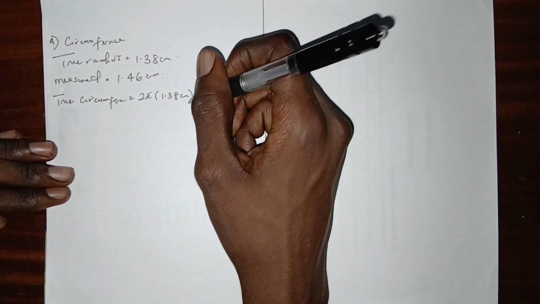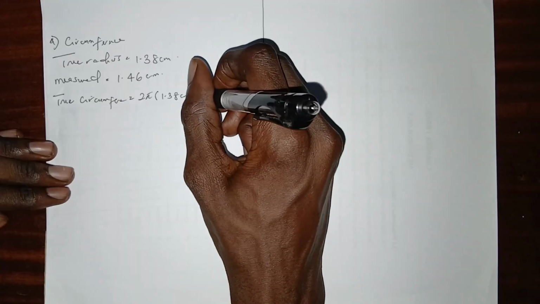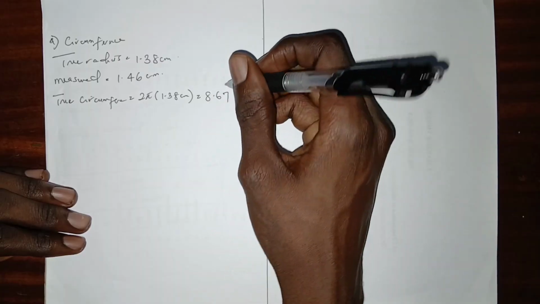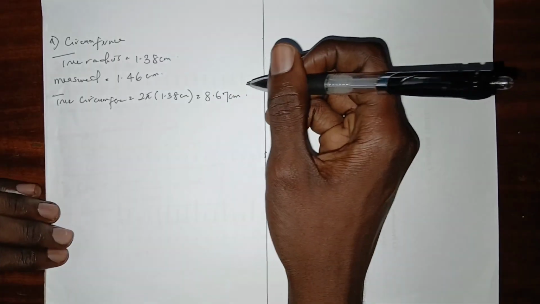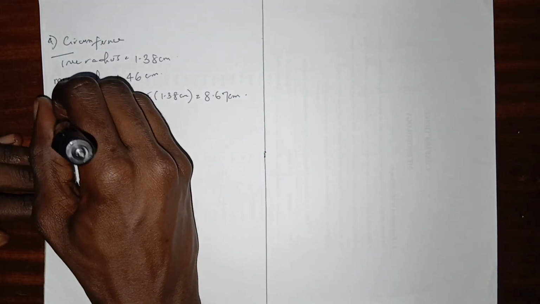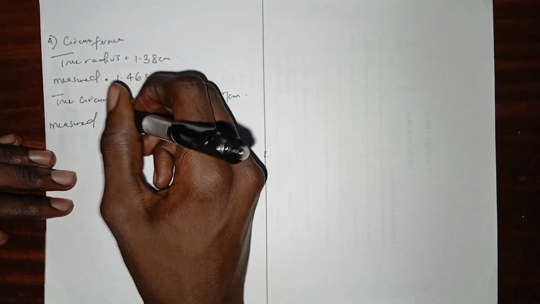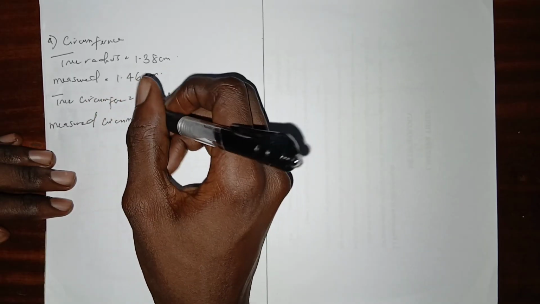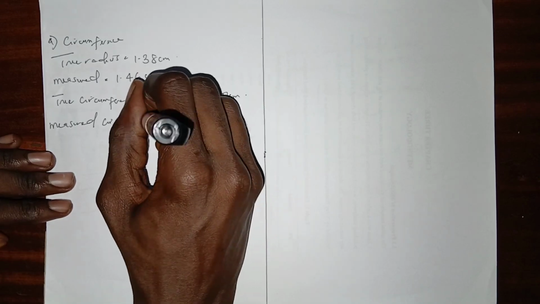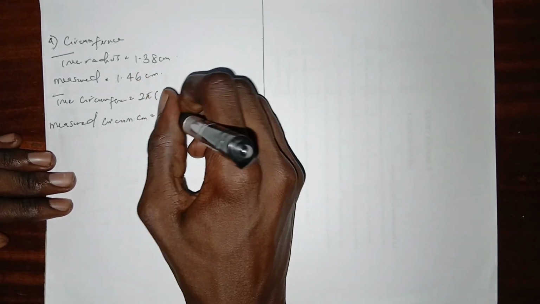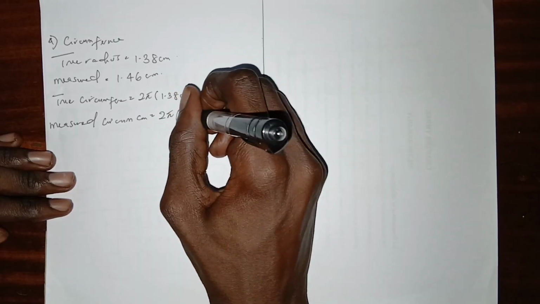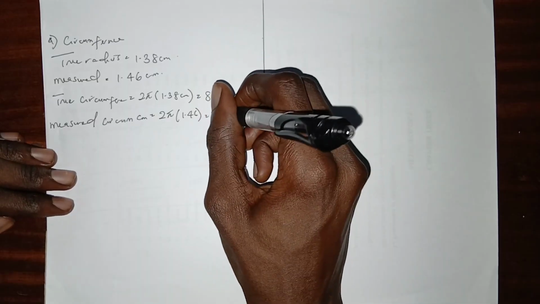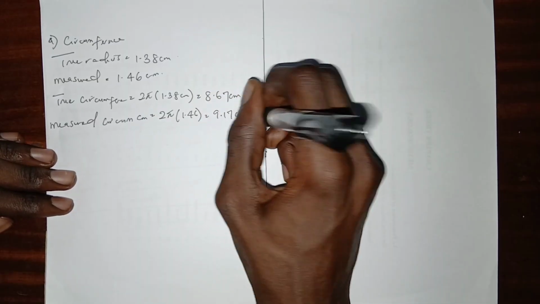You put this into your calculator, you get roughly 8.67 centimeter. The measured circumference is 2 pi times 1.46, which gives us 9.17 when we put it in our calculator.